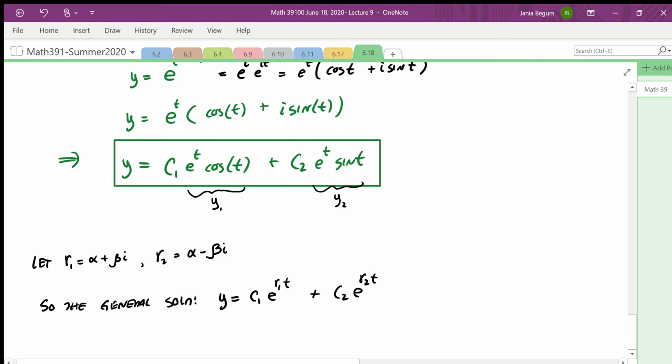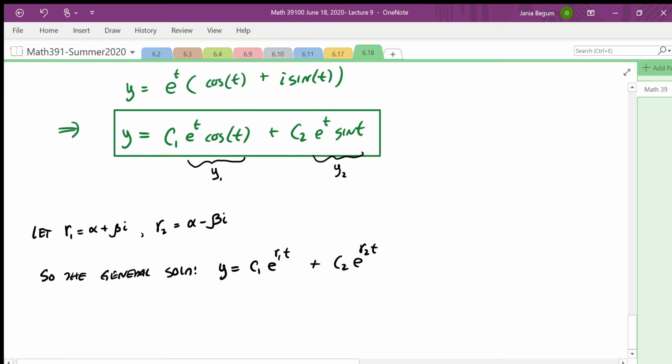But r1 and r2 are complex, so let's plug those in. So we have c1 e to the r1, well, r1 is alpha plus beta i, times t, plus c2 e to the r2. r2 is alpha minus beta i, times t. Okay, so just plugging those in.